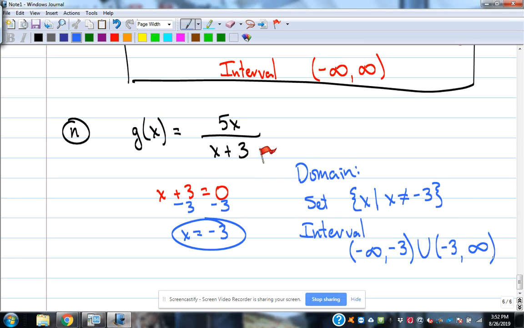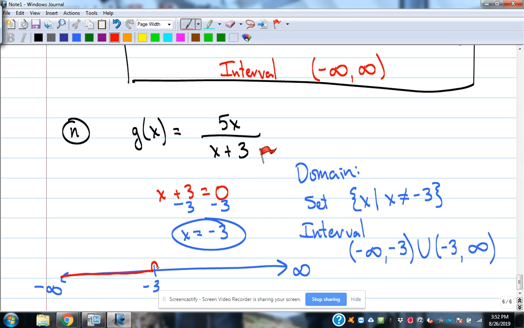So what that is, it's like a number line. And out here is -infinity. Up here is positive infinity. -3 is somewhere right there. And what's happening is the domain, you're coming this direction, and then -3 is an issue.